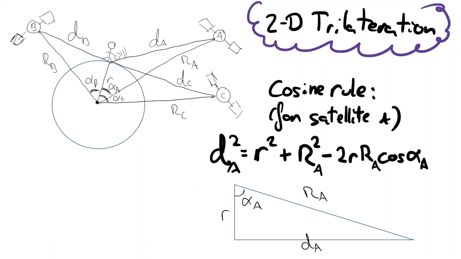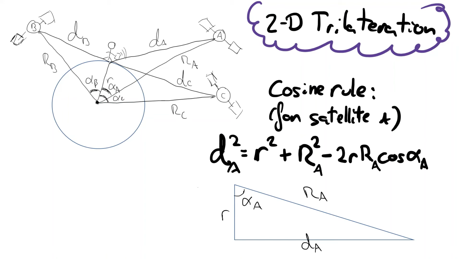At this point, the receiver will get another signal from satellite B and perform the same calculations using the cosine rule, obtaining that way d sub B, the distance between the GPS receiver and satellite B. And once again, we can see normally this would not be enough to find our precise location, since the intersection of 2 circles in the plane could be 2 different points.